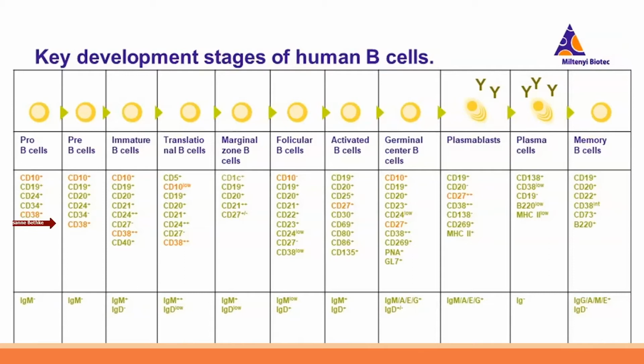Another marker that is a marker for memory B cells and activated B cells is CD27. This marker cannot be used as a memory marker like this in mouse, but for human this marker is working quite nicely.